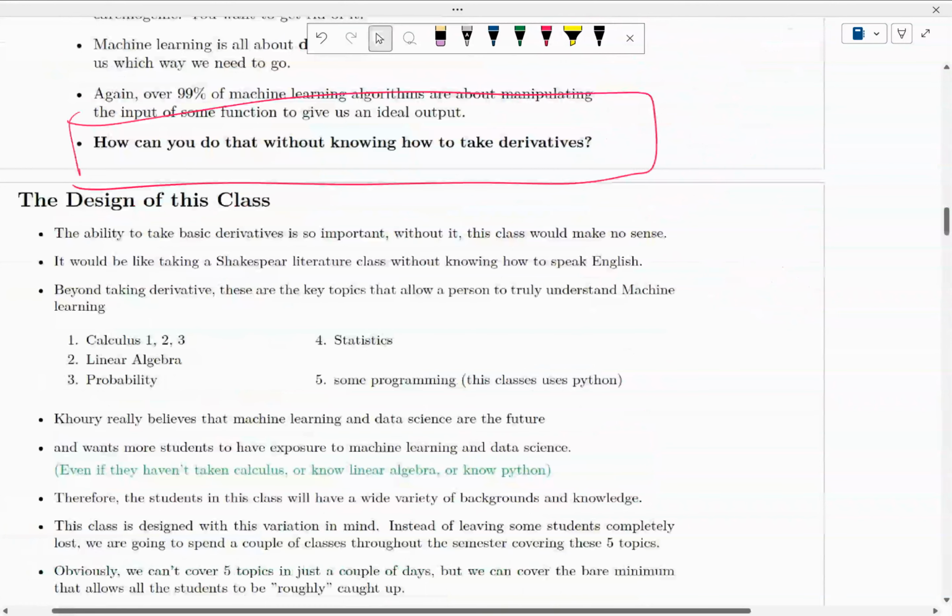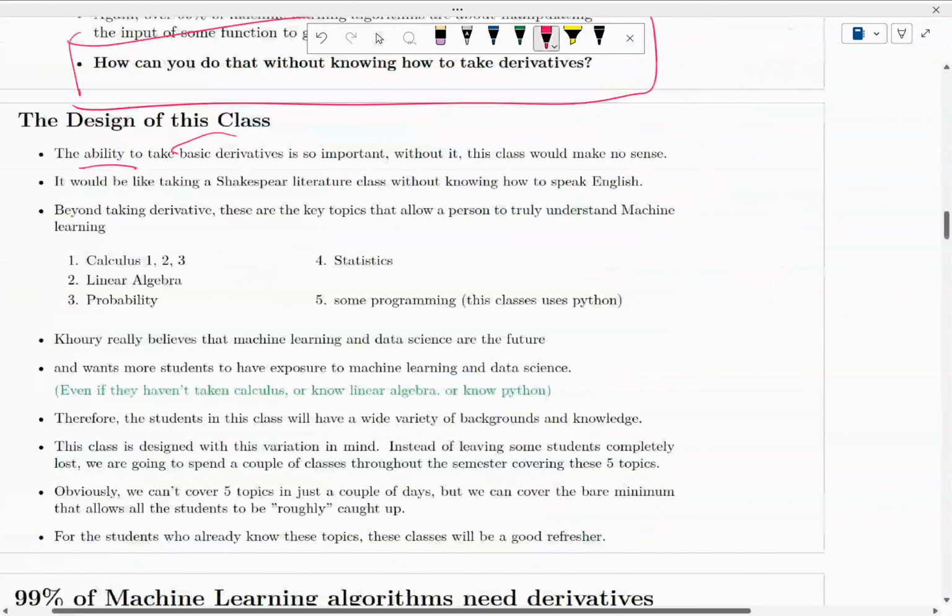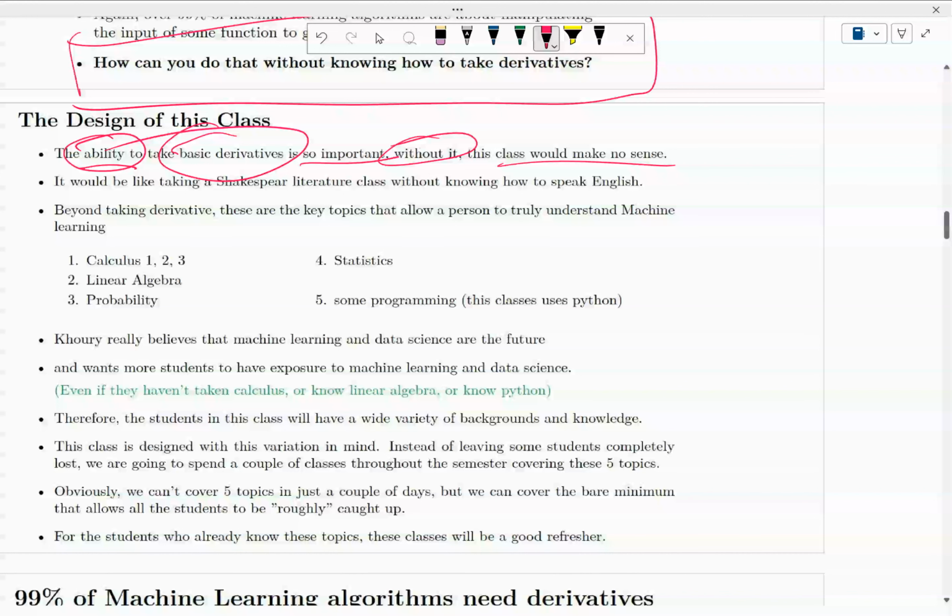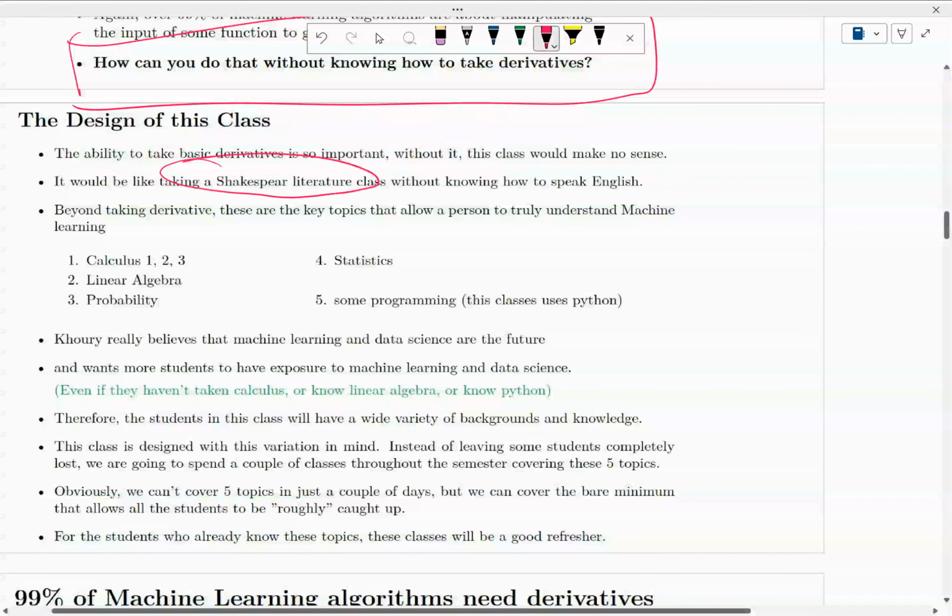The ability to take the basic derivative is so important that without it, this class would basically make no sense. I make the analogy that it's like taking a Shakespeare class without knowing how to speak English. That's how difficult it is to understand anything.